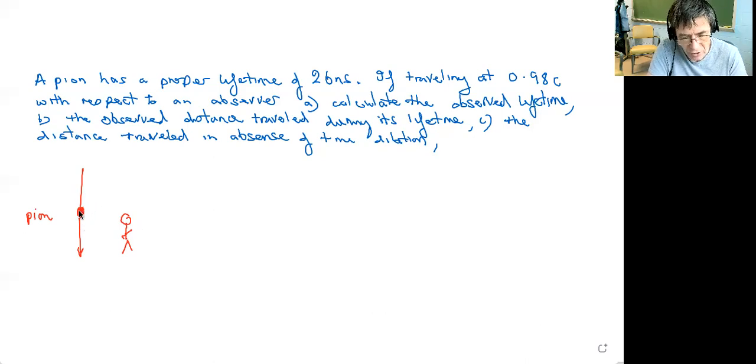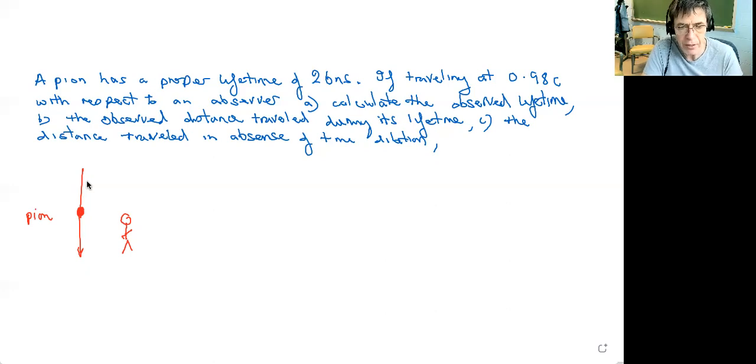The tick of this clock is the lifetime of the pion. And so the observer sees a time-dilated tick of the clock, a time-dilated lifetime, because the pion is moving. So let's go ahead and answer the various questions.